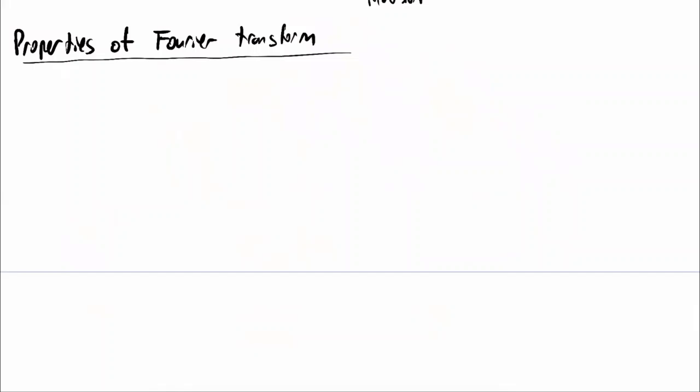Right, and so what is the common notation? Just to review this again, normally we'll have some function f, which is on the real line, where x is between minus infinity and infinity.